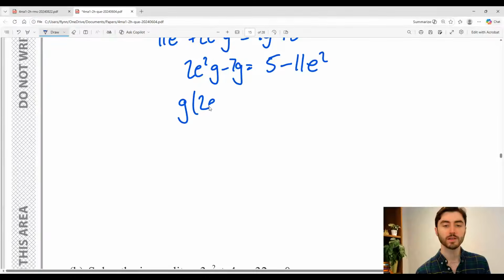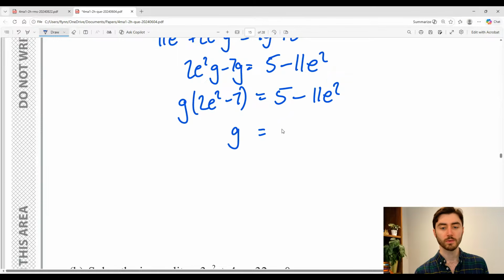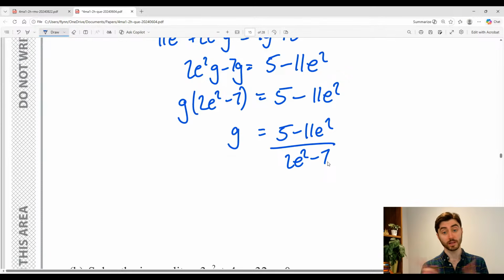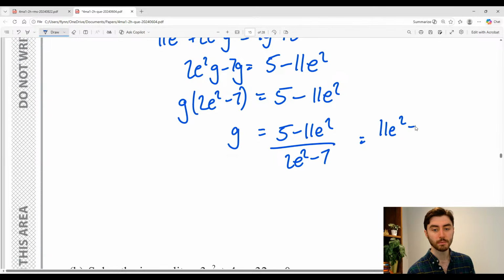Factorizing out a g, you get g times 2e squared minus 7 is equal to 5 minus 11e squared. And then finally, we divide both sides to get the g by itself. Now, you may have rearranged it separately, and so you may get an answer of 11e squared minus 5 all over 7 minus 2e squared.